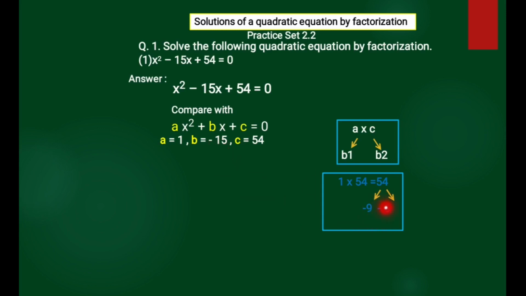So we know that 54 can be written as minus 9 into minus 6, because minus minus gives plus, 9 sixes are 54. So we split up this minus 15 as minus 9 minus 6. See how to write: we split up this minus 15x as minus 9x minus 6x.